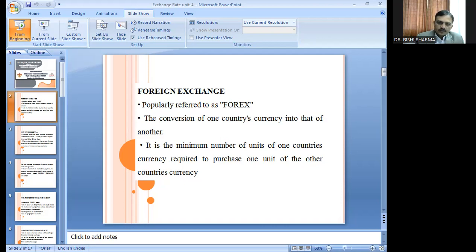So here comes the third one, that is the managed exchange rate. In this type of system, the government is permitted to put some influence, some control over the exchange rate, so that it gets the benefits of both fixed and flexible or floating exchange rate.